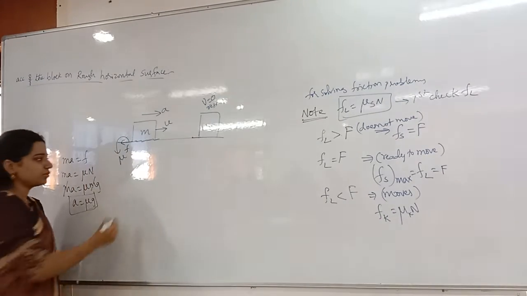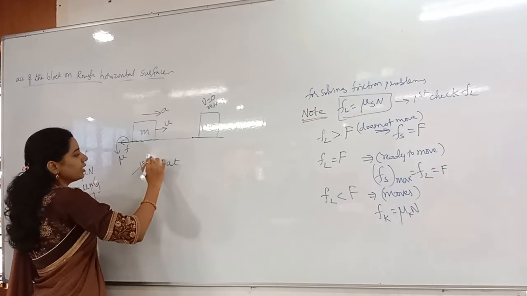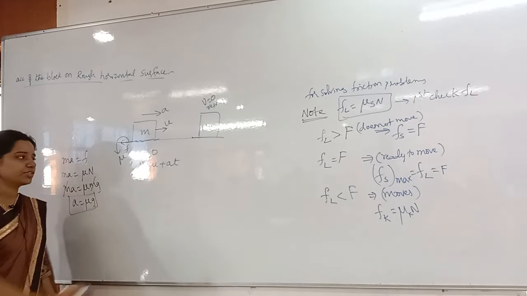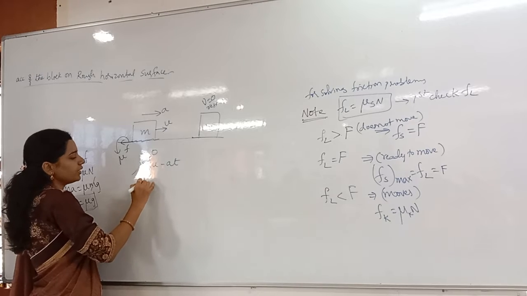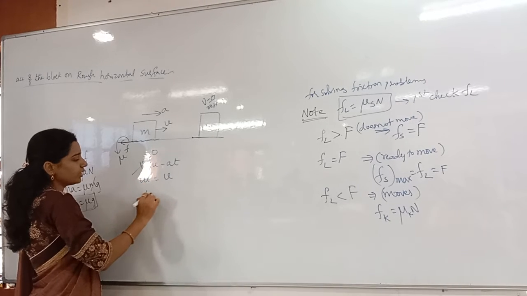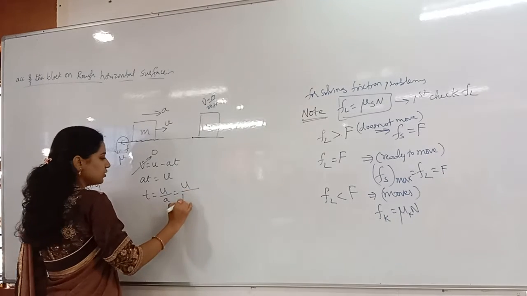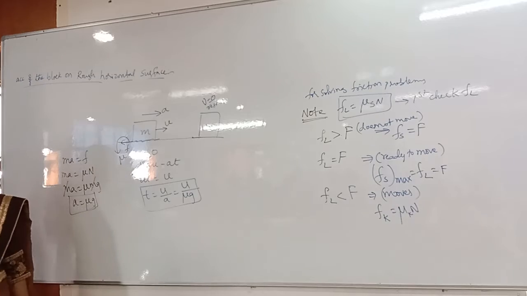So what formula can I use? v is equal to u plus at. Then this becomes 0. Acceleration or retardation? Retardation. So u minus at. Then at is equal to u, then t is equal to u by a. The value of u by a for us is how much? u by mu g. This is the time taken to stop the body.